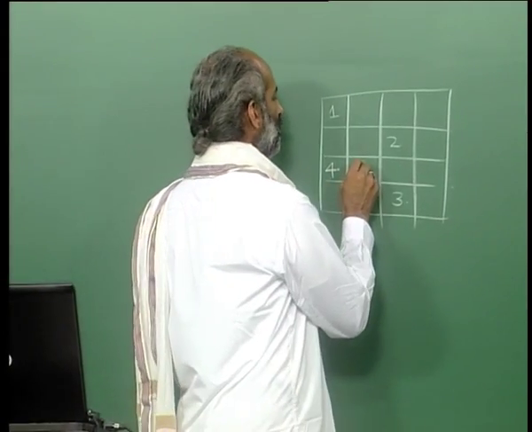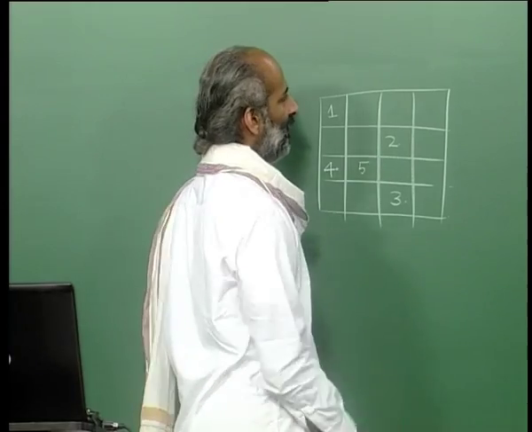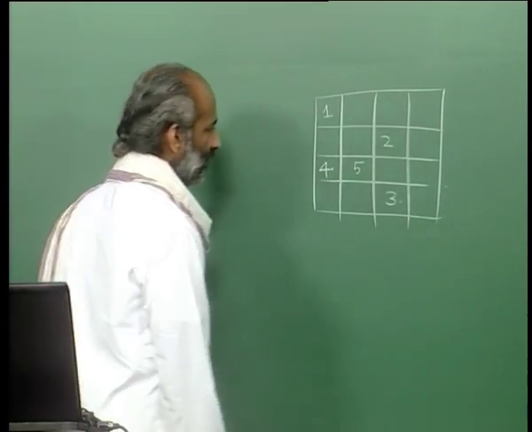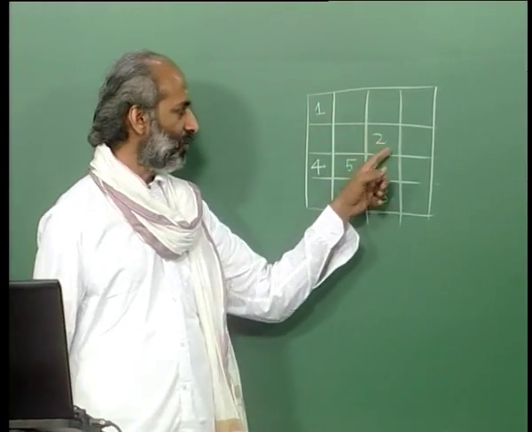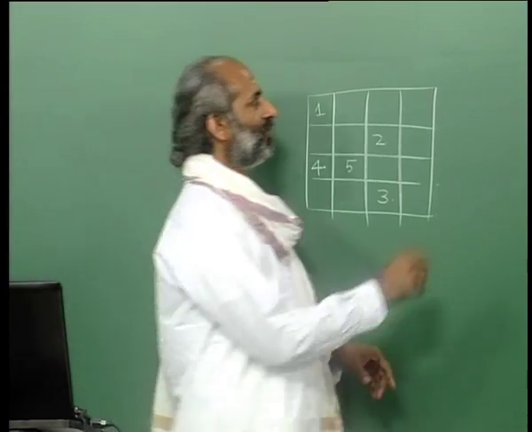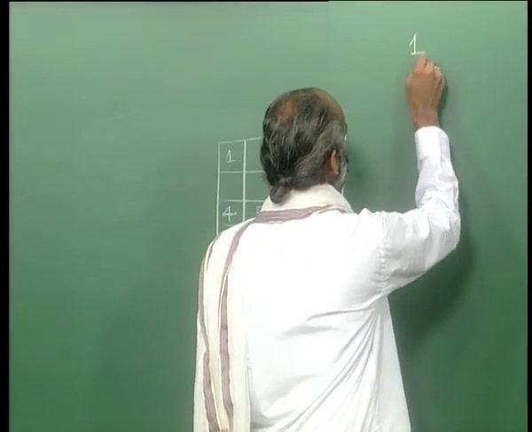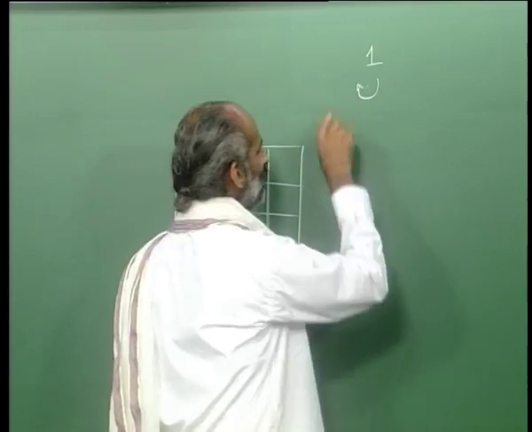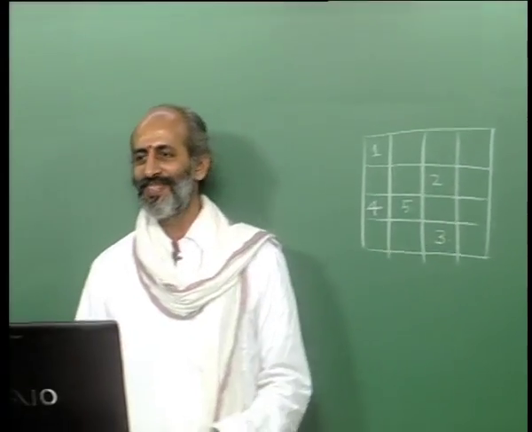Then I start with 5. One thing to note here is that it is convenient to have a certain pattern recognition, so that we will be able to very quickly fill the squares. What we have done here is 1, 2, 3, 4. The first movement is sort of circular, so you can call it Pradakshina.